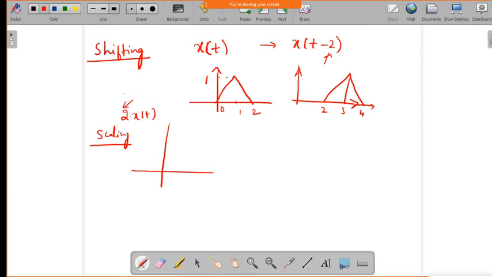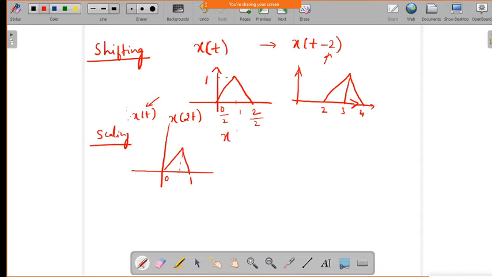Now if we want to do the operation on the independent variable t, which is scaling, say for example, I want x of 2t. Now you have to divide the index by 2 for this scaling. So what you will get? It will be from 0 to 1. So this is about the scaling, which is shrinking; we will call it shrinking.